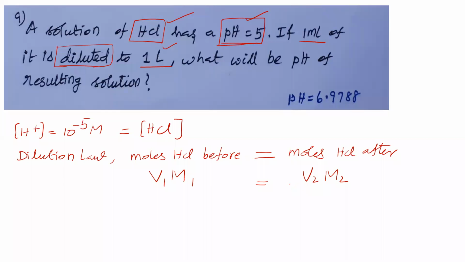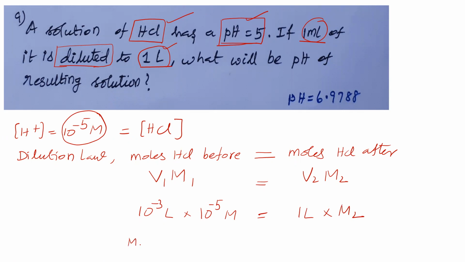Now V1 is how much? 1 ml we are taking, that converts into liters, so 10 power minus 3 liter, into the molarity. Molarity of HCl is 10 power minus 5 molar, so we substitute that. Then V2 is 1 liter. We substitute 1 liter, and we are calculating the molarity.